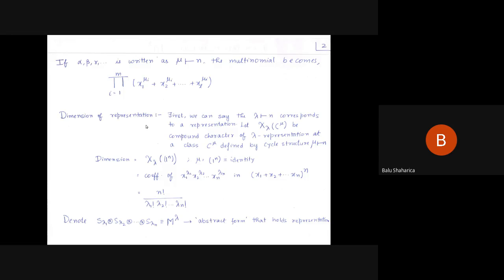And here's an example for S4, where we used the formula and found the coefficients. We can see that these are all compound characters and not simple characters, and we need to get simple characters. By just choosing some part of M lambda, we can achieve that. That will come after I discuss the basis for M lambda.